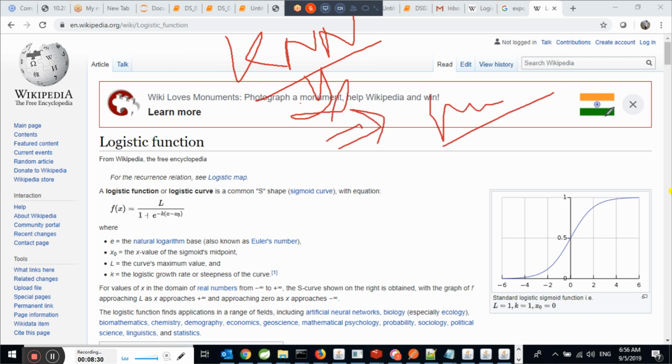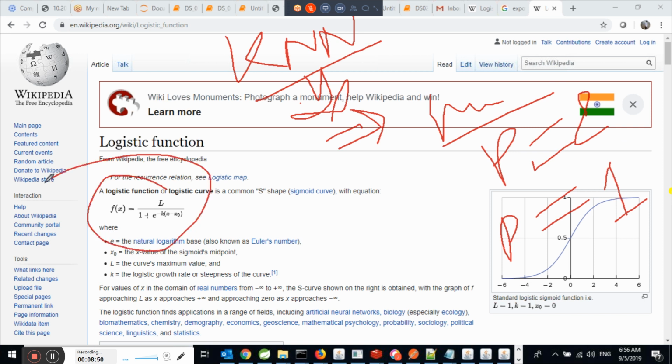If p equals 2, it is called Euclidean, and if p equals 1, it is called Manhattan. Same here, in logistic regression we'll work around only the logistic function. In the previous session we worked around only the Minkowski distance. Here we'll work around the logistic function.